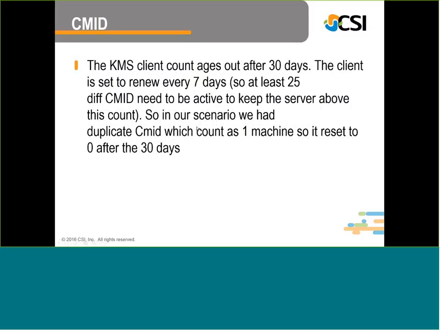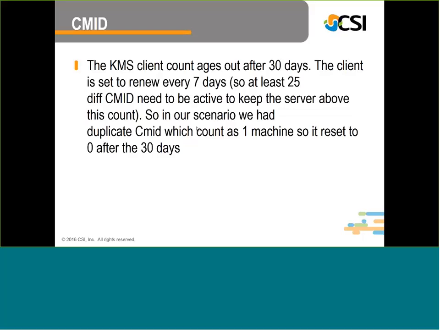This is a problem we see every once in a while. There's this thing called CMID, and it's kind of a separate identifier. What happens is when the KMS client checks in with a KMS server, the KMS server looks at the CMID.